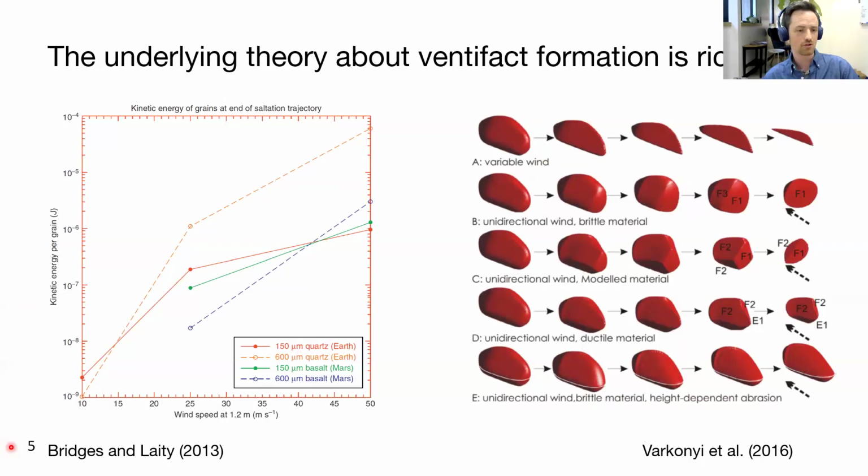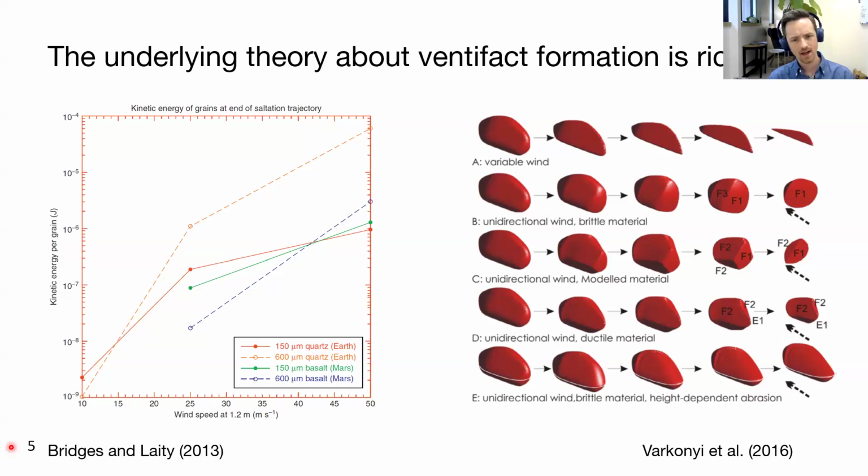There's a rich body of literature investigating the underlying physics responsible for ventifact formation. So, for example, on the left here is shown some analysis looking at how different sized sand grains of different compositions have dramatically different kinetic energy, or erosive power, if you want, depending on the wind speed at 1.2 meters.